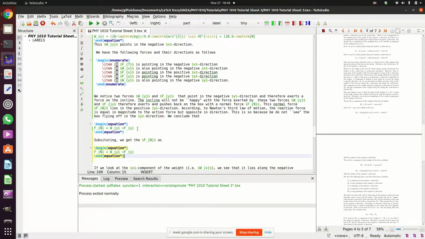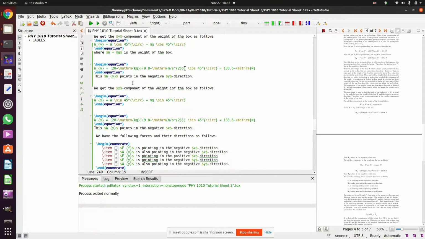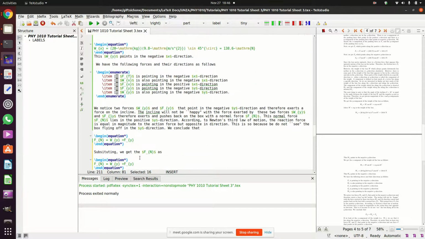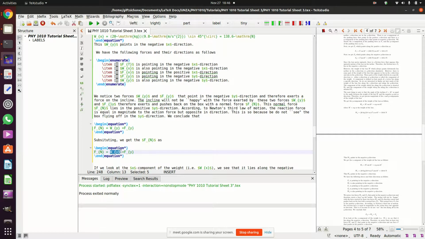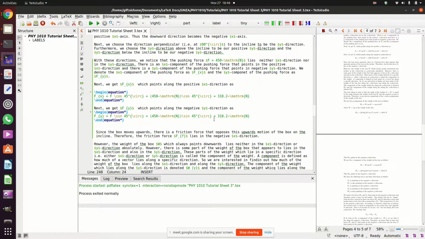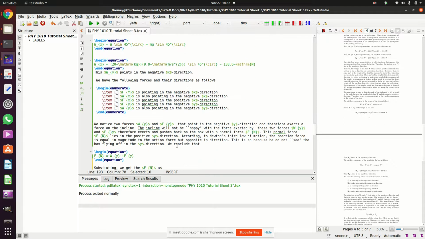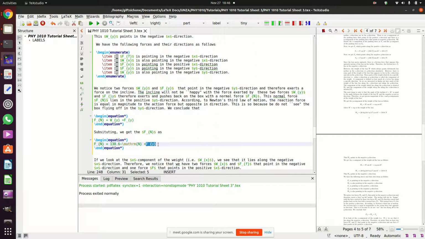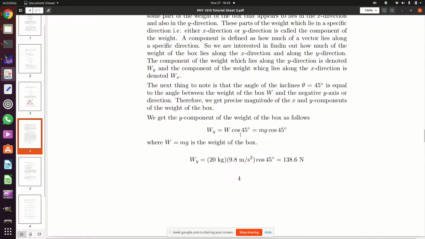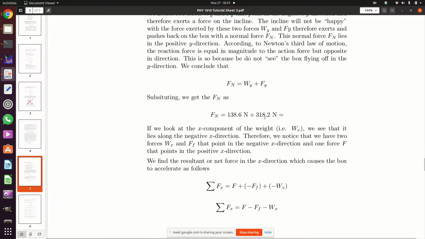So Wy is where? This is Wy. Then Fy is there. And this gives us how much? How much do you get for the normal force?